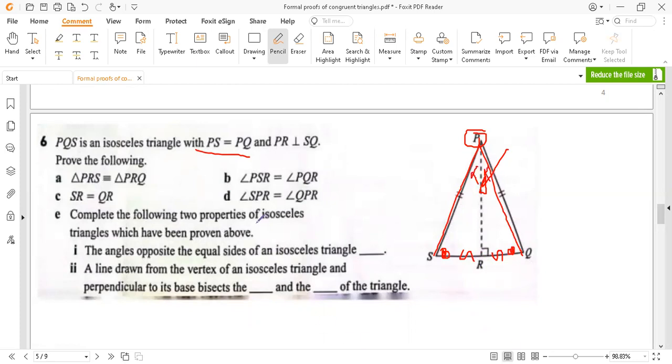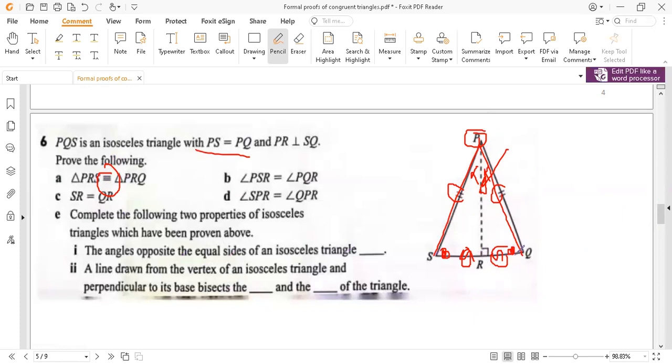Let's move on. Prove that the triangles PRS and PRQ are congruent, because we have the symbol of congruency here. Do we have three sides? Yes, if we use our mind properly, because PS equals PQ, and SR equals RQ, since the altitude issued from the main vertex in an isosceles triangle is a median.